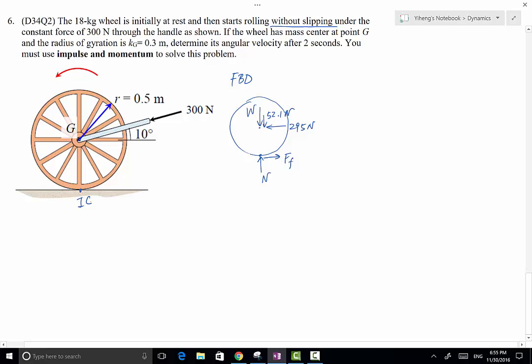So we are going to apply the principle of angular impulse and momentum, and we need to sum the angular momentum about a reference point.